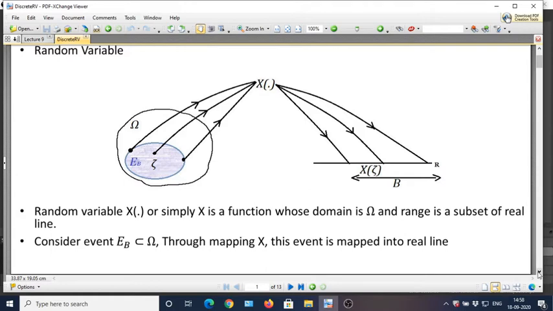So which means that the random variable induces another sigma algebra on the real axis, which takes a special name called the Borel field. So Borel field is nothing but a collection of intervals on the real axis which are themselves closed under the complementation operation and the union operation. Here these intervals are subsets of the real axis.